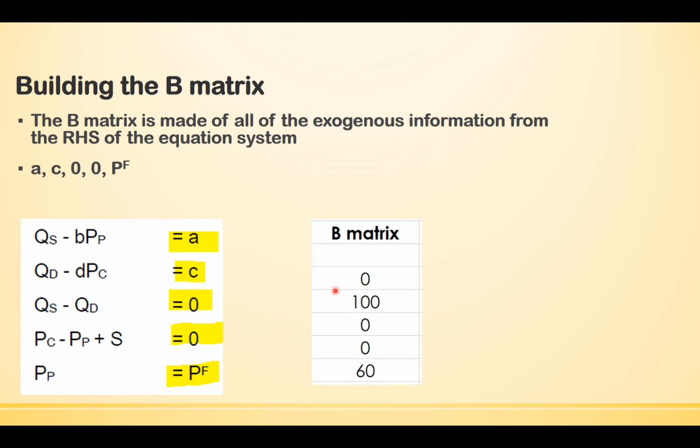And so when you look in the spreadsheet, you'll see that the B matrix, as written in the spreadsheet, includes cell references. This number here corresponds to A, and it's a cell reference that says go find the cell of this spreadsheet that reports the intercept of the supply equation.